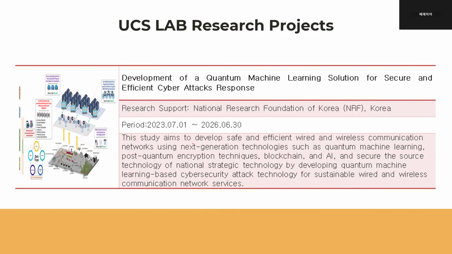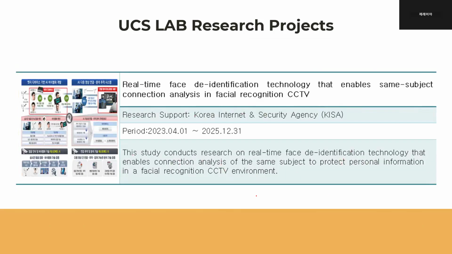This project mainly aims to develop safe and efficient wired and wireless communication networks using next generation technologies such as quantum machine learning, post-quantum encryption techniques, blockchain, and AI, and to secure the source technology of national strategic technology by developing quantum machine learning-based cybersecurity attack technology, for sustainable wired as well as wireless communication networks and services.